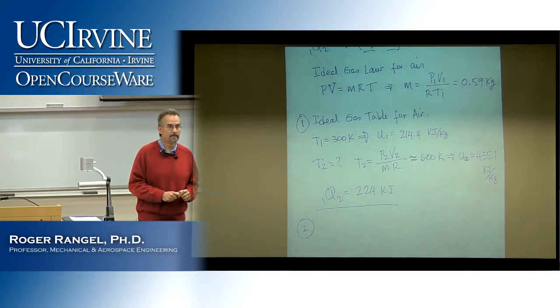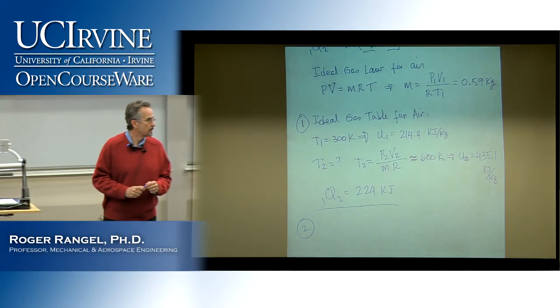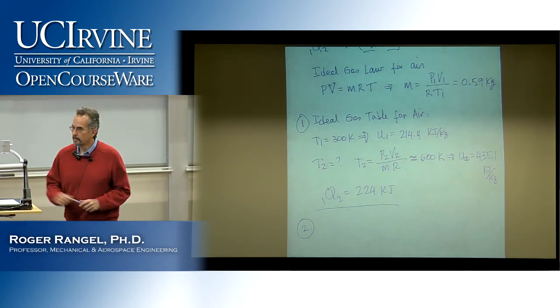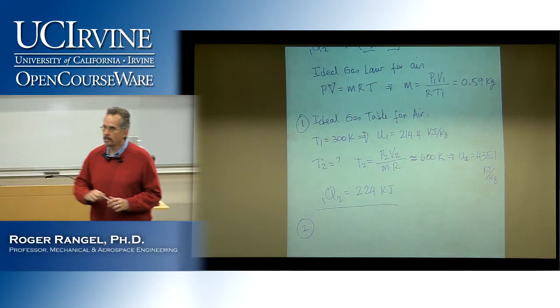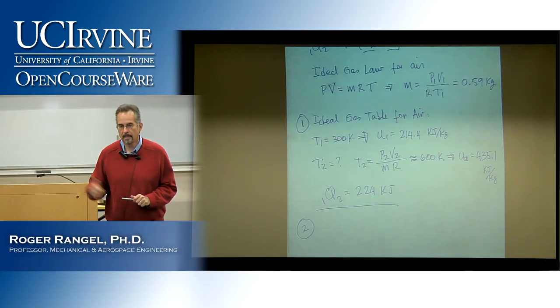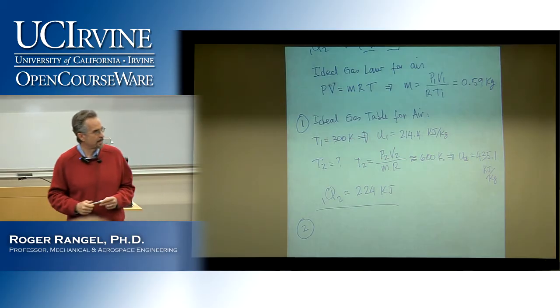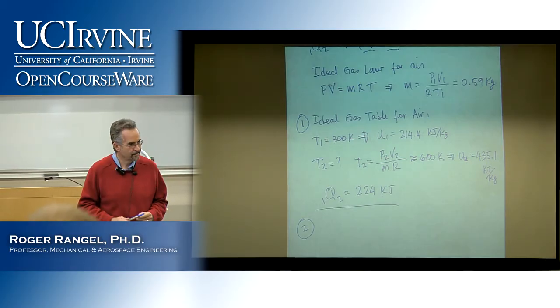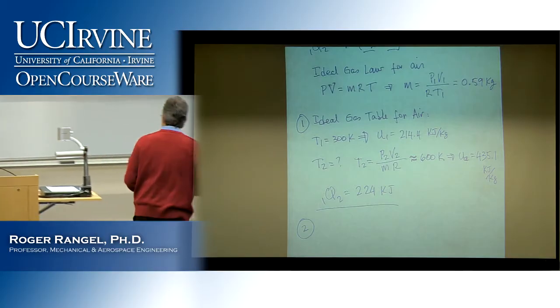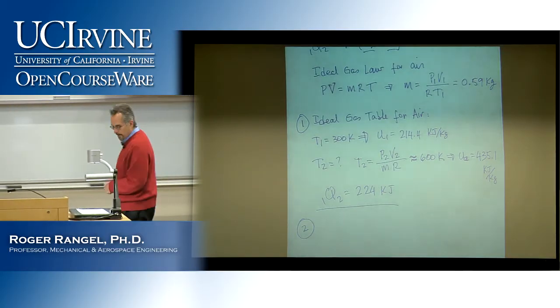Nobody? From last time, last lecture? What could I do? No enthalpy, because I would need a table for the enthalpy. But something else, another concept from the last lecture. The specific heat. So I can use the concept of specific heats.